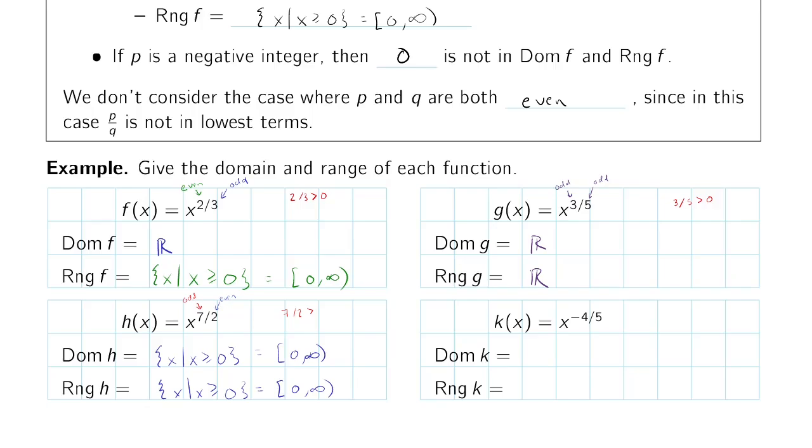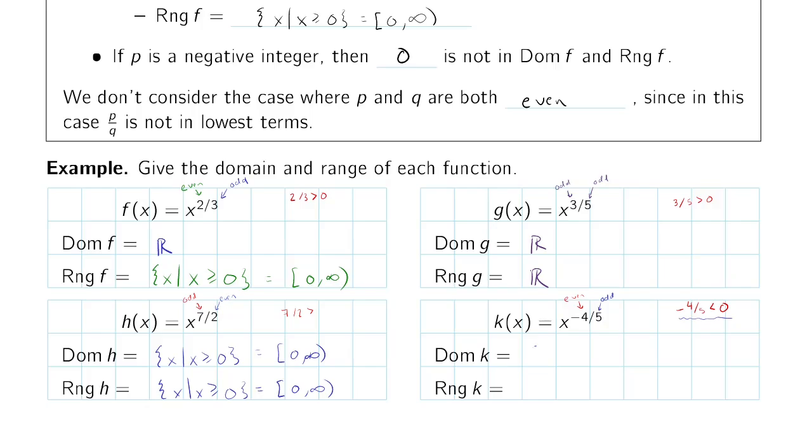And finally, here we have an odd denominator, an even numerator, and my fraction is negative. So my odd denominator would make my domain all real numbers, except that my exponent is negative.